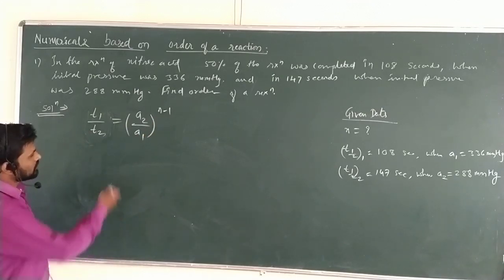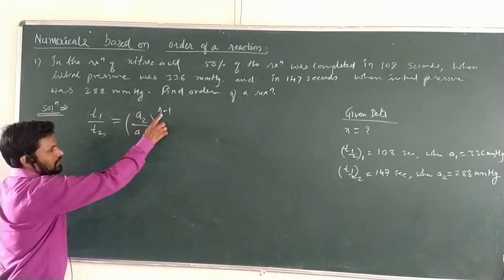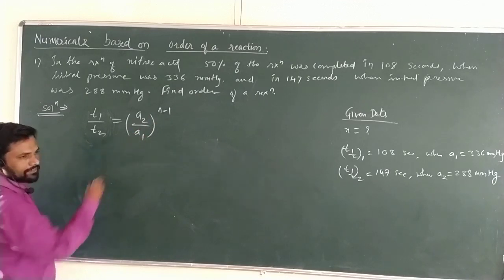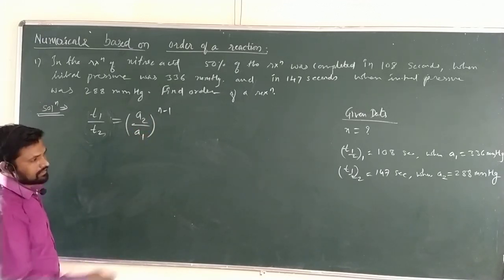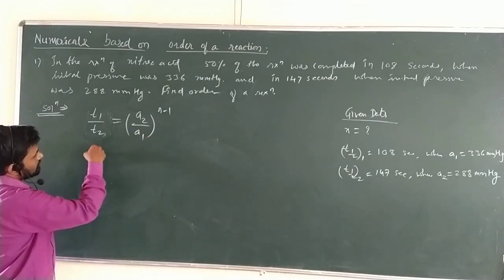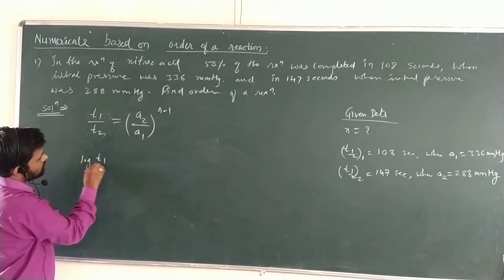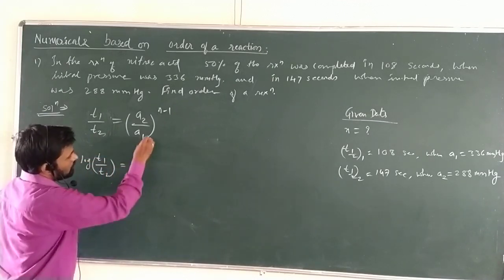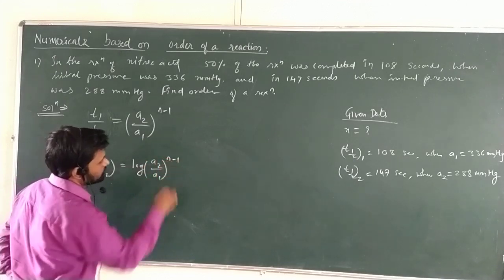Okay. What we have to do? Now see, very simple. It is in the exponential. How can it be written? If you take the log of this equation, first you rearrange the formula, then you can solve very simply. Take log of T1 upon T2 equal to log of A2 upon A1 to the power n minus 1.